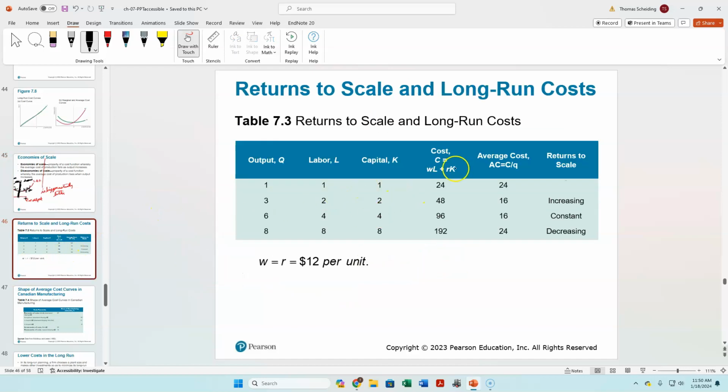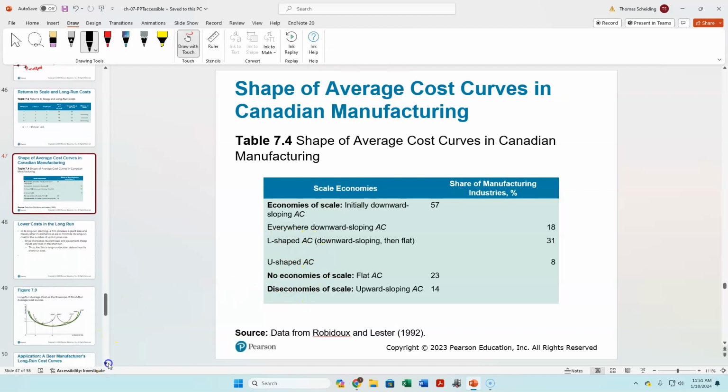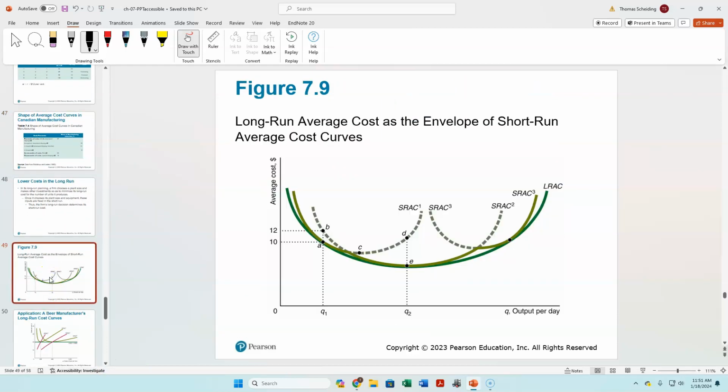We could obviously graph that out. We could make a table with those costs existing based on our previous knowledge of what the cost curves look like. But this doesn't say anything different than what I just said. And here's a much better picture of it too.